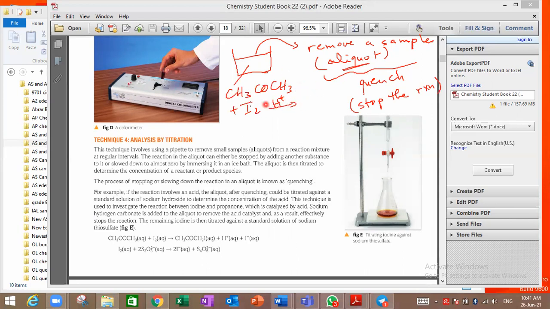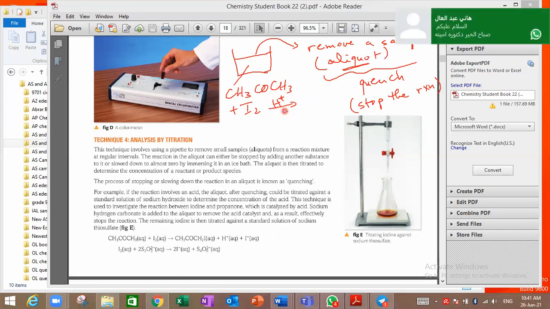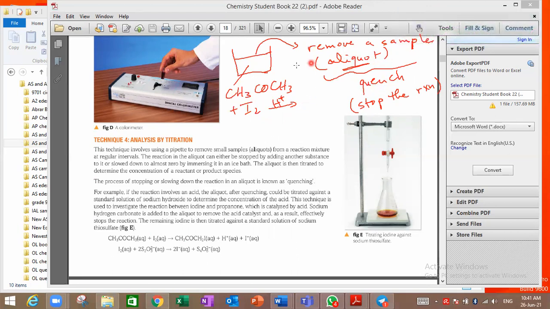But in such a reaction where propanone is reacting with iodine in presence of hydrogen ions, to quench such a reaction, to stop the aliquot or the sample that we are going to get out of the reaction mixture, either we add, for example, sodium hydrogen carbonate, so that the sodium hydrogen carbonate reacts with the catalyst, which is the acid catalyst.